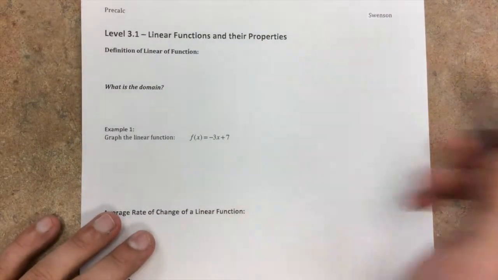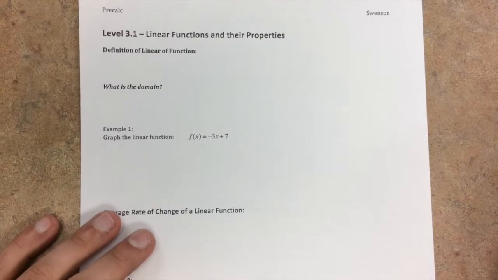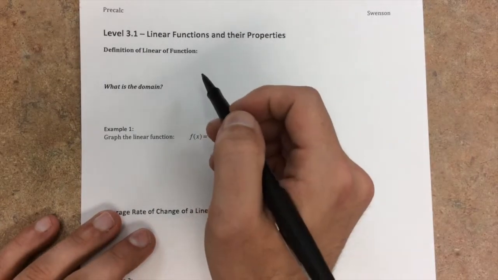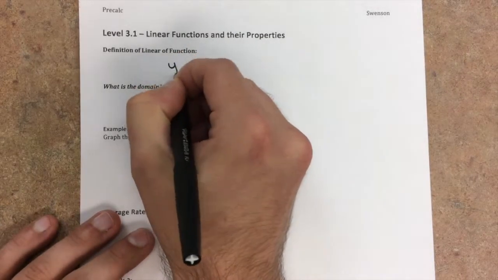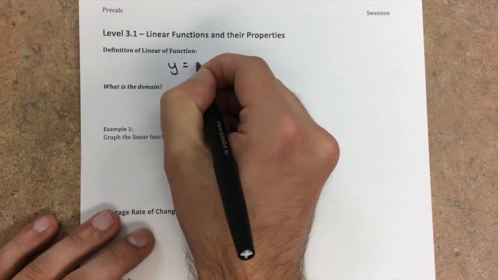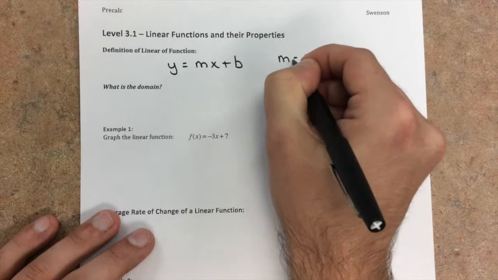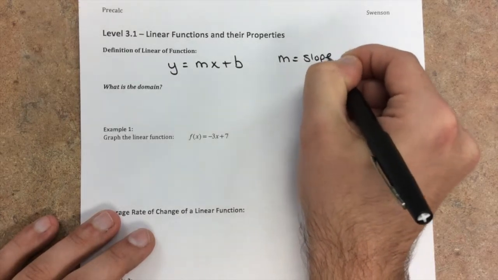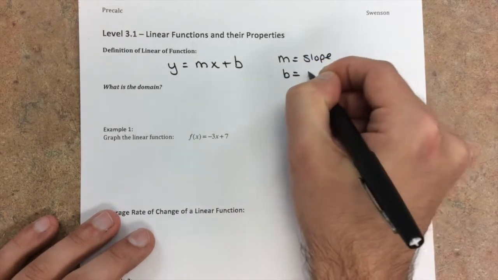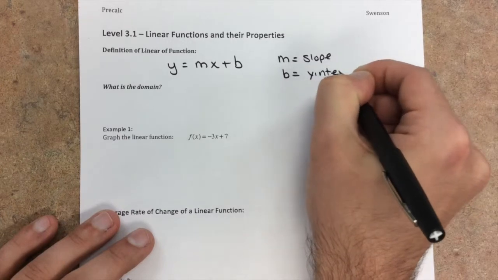Linear functions and their properties, level 3.1. The definition we're going to use for a linear function is slope-intercept form: y equals mx plus b, where m is the slope and b is the y-intercept.